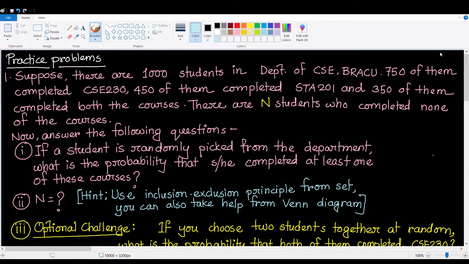This is pretty much the same problem as our last one from the last segment, so I hope you can solve it. Question number 2 asks, what is the value of n? That means, what is the number of students who completed neither of the courses? You're given a hint here: use the inclusion-exclusion principle from set theory, and you can also take help from a Venn diagram.